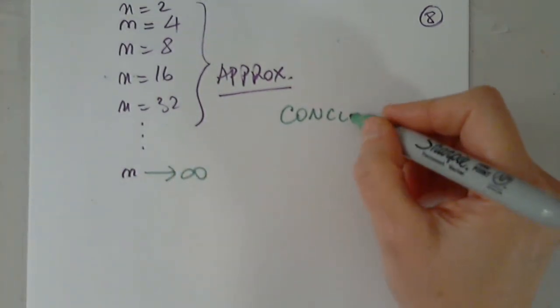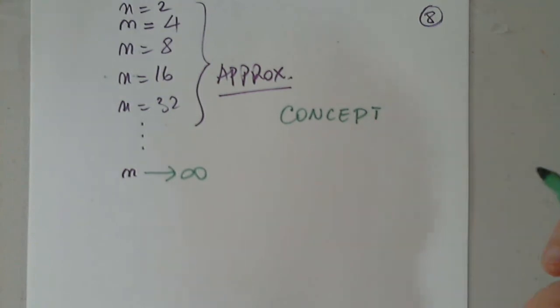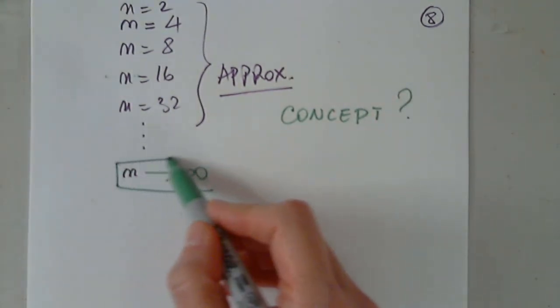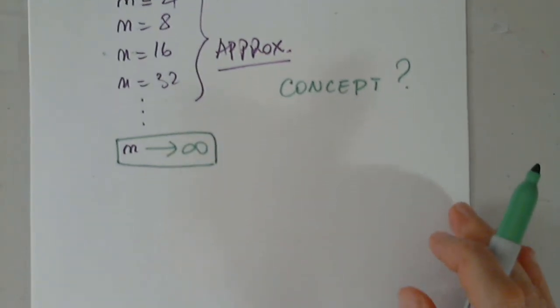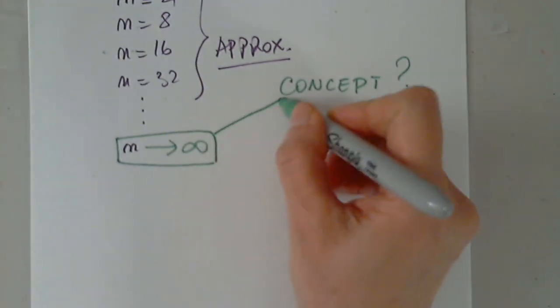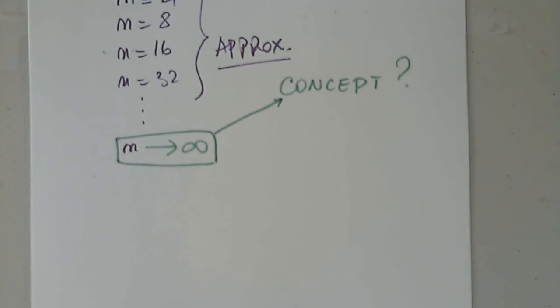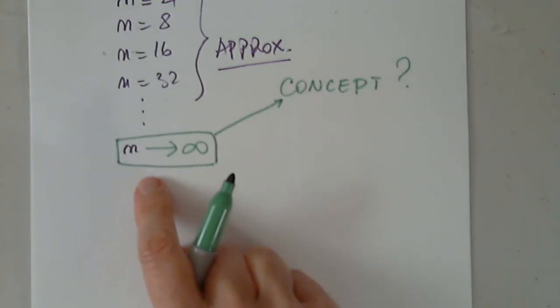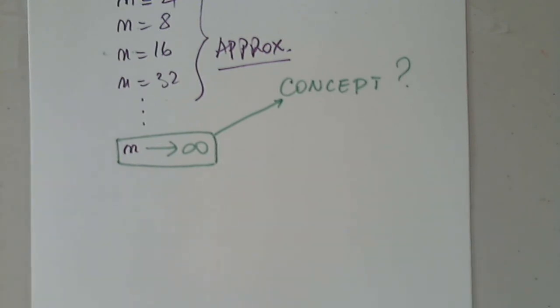What concept is this? From this course, we used it over and over and over. What was this connected to? Which concept? From what we studied in this class so far. Is it derivatives? Careful. Slope.